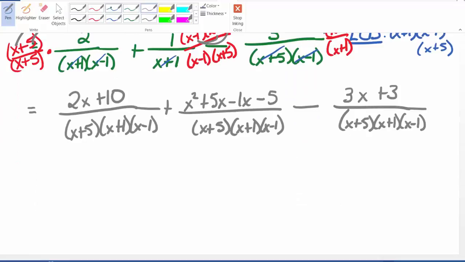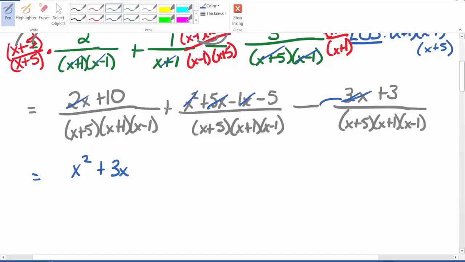Now that they all have the same exact bottoms, we can go ahead and combine the tops. Nothing can be combined with this x squared, so we have x squared. We have 2x, and we'll cancel them off as we go along. We have 2x plus 5x, that's 7x, minus 1x is 6x, minus 3x. So that comes out to be plus 3x, and we've used up all of our x's at that point.